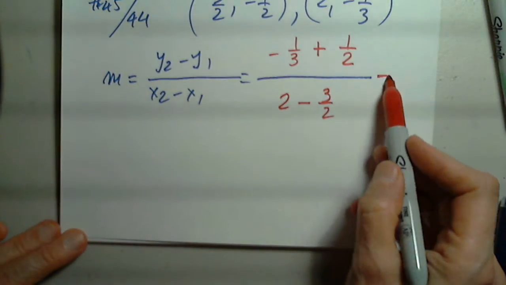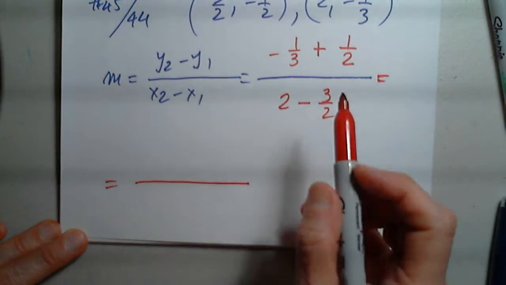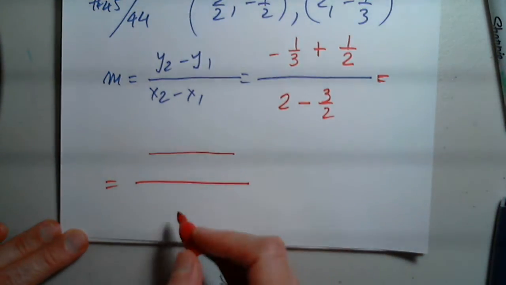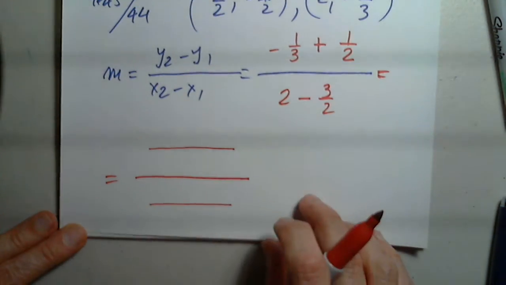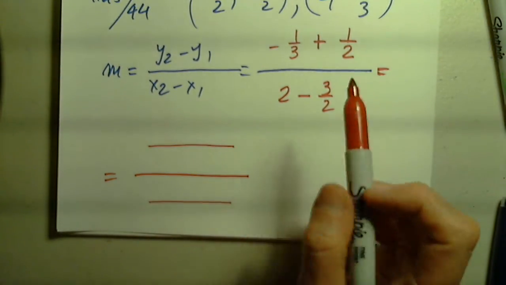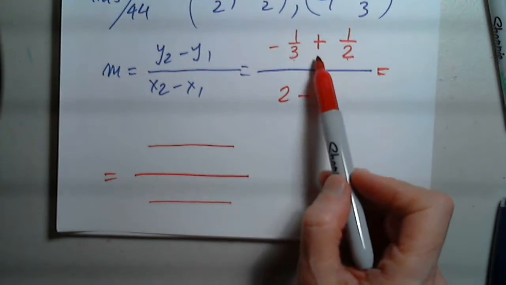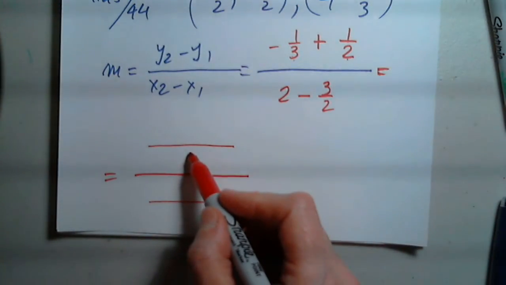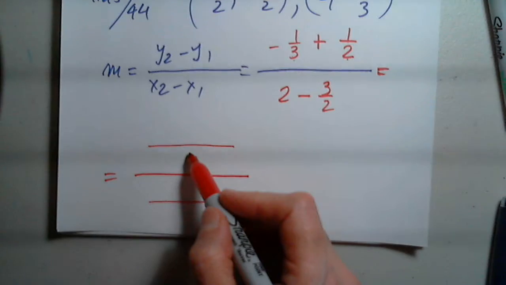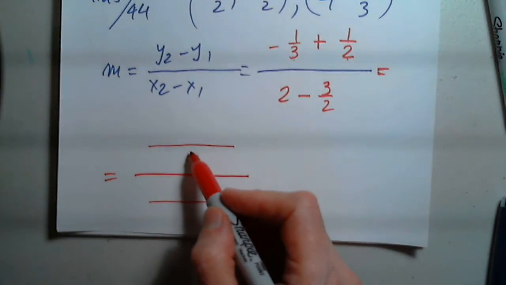Good. The next step, we have to find the least common denominator in the numerator and the least common denominator in the denominator. So what is the least common denominator of these two? 6. It's 6. Good.